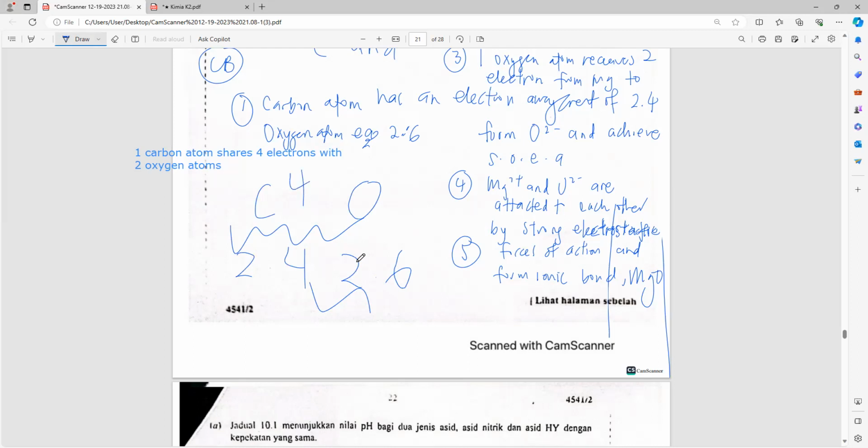Oxygen 2.6. How many more to become stable? 2. Now I cross over. I put back my carbon, I put back my oxygen. What number do you see on top of the oxygen? 2, right? So I put 2 here, and then I put 4 here. And then, of course, C2O4, teacher can minimize it. I can make it C1O2. So now, do you understand why my carbon has 1 and my oxygen has 2, Ira?